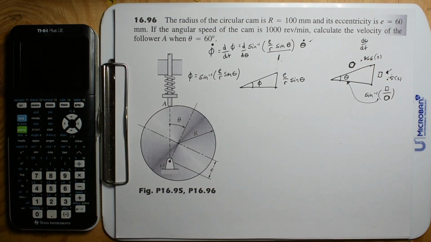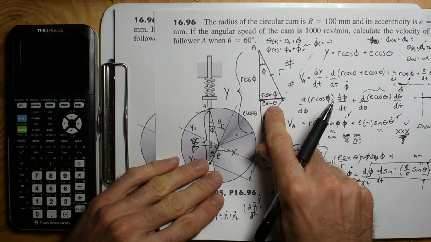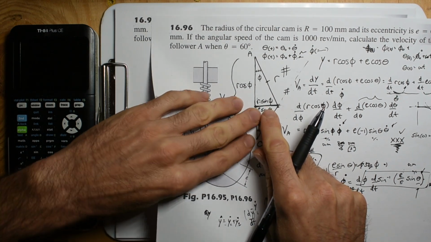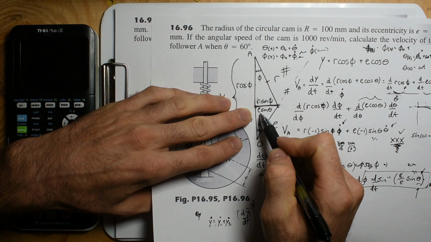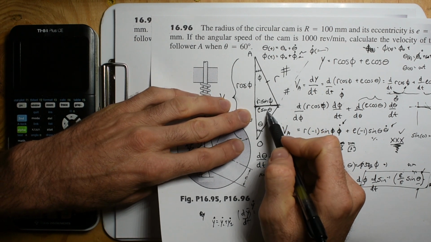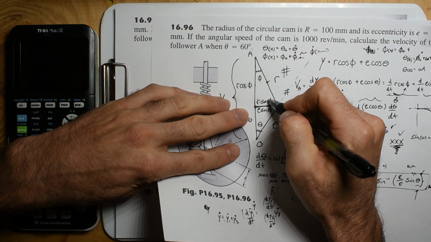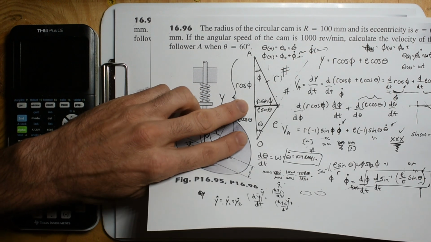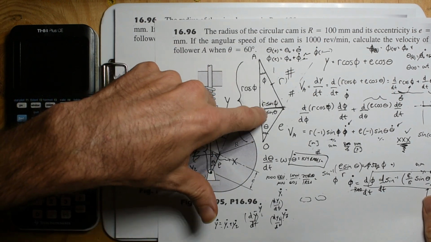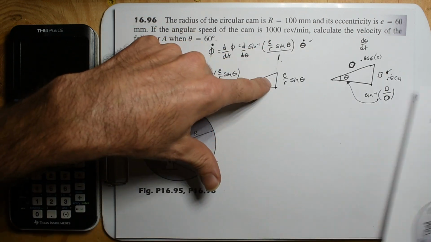Now, is that even true from our problem? Holy Toledo. Because if this is phi, we were saying that this was E divided by R sine theta, and the radius is 1. You know what I mean? So what we're doing is like a unit triangle.